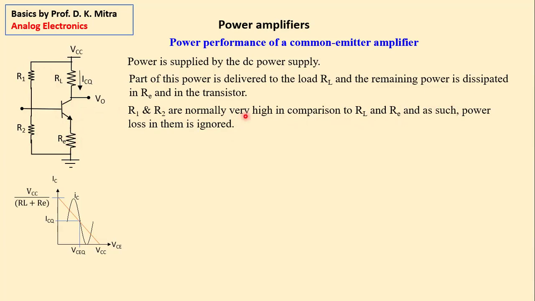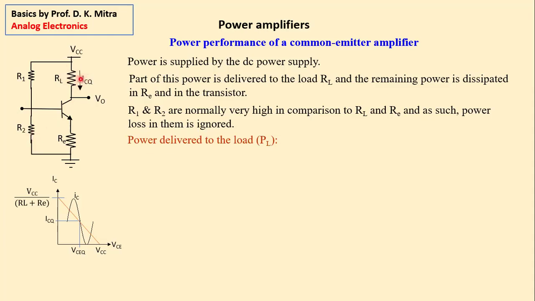As such, power loss in them is ignored. I mean, we do not ignore it forever, but if we consider them, then my deduction will become very clumsy. So for the sake of deduction, we ignore them. Then we start step by step.